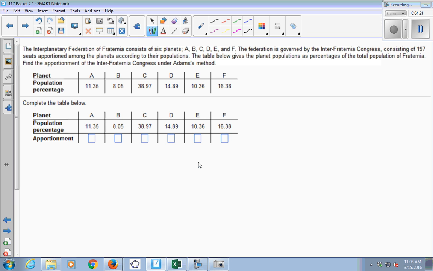But if I add a total here, it would be 100 people, right? Okay. So based on these populations, we want to figure out how many seats we're supposed to give to each planet, and we're supposed to use Adams' method.